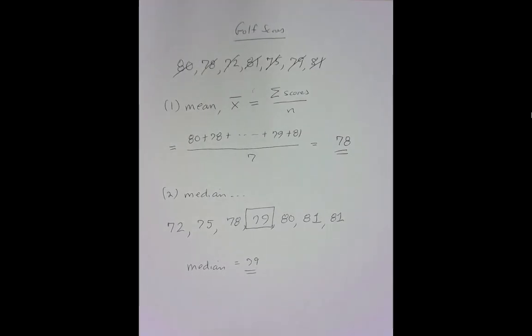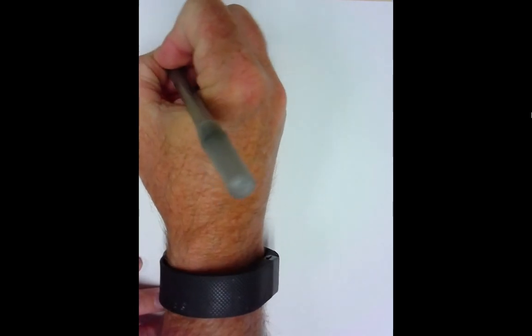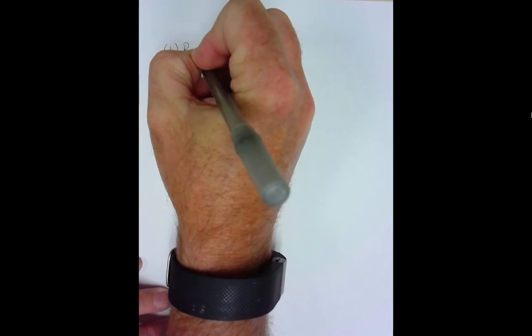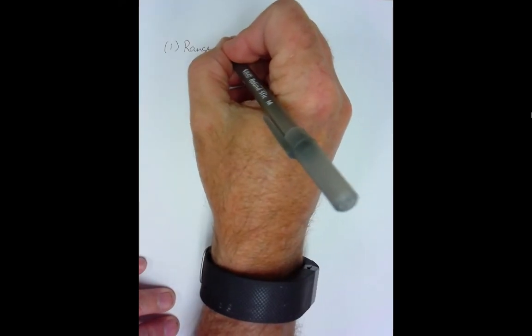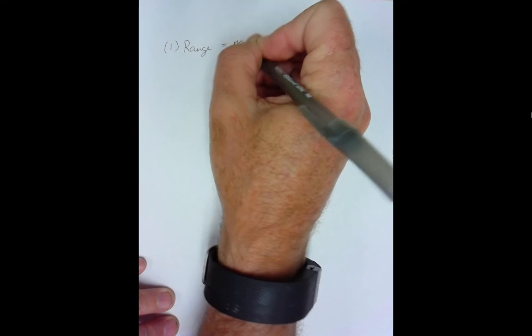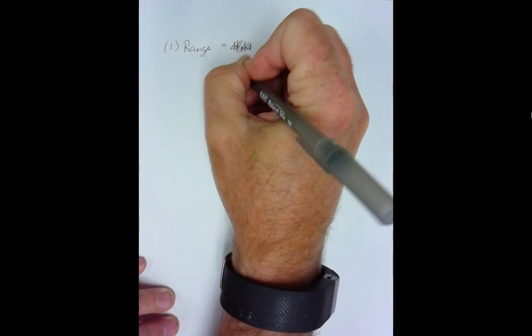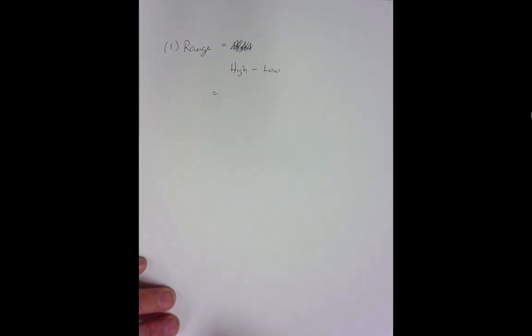Now, let's move into the measures of variation. They're a little bit harder, not at first, but they're a little bit harder overall, mainly because of the standard deviation. So the first measure of variation that I talked about was the range, and the range is really easy to find, because it only takes two numbers and requires you to only do a subtraction.